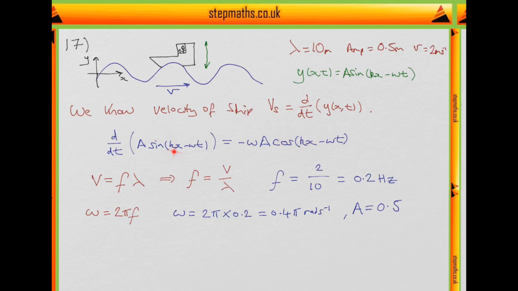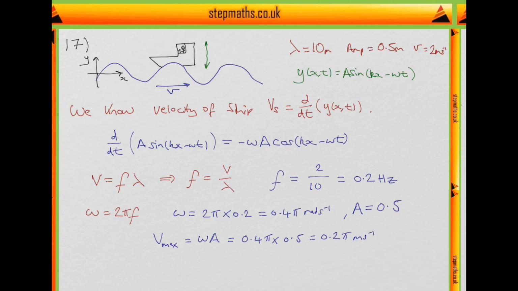So this will be a maximum when our cosine value is 1, and we're simply left with omega times A. So that tells us that our maximum velocity, which we've written as Vs, we'll write as V max, is simply omega times A, which we know is 0.4 pi times 0.5, which equals 0.2 pi meters per second.